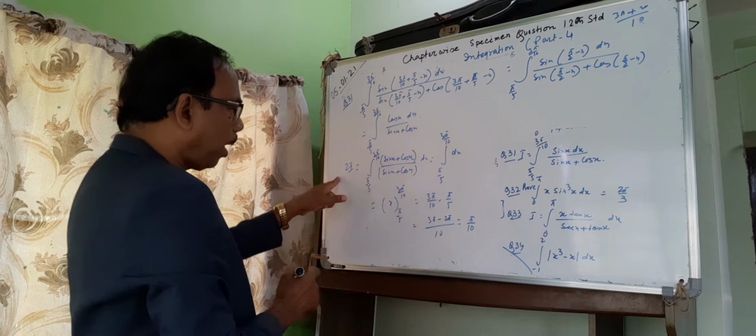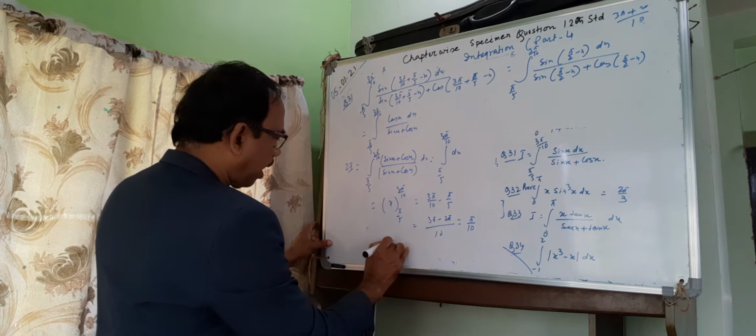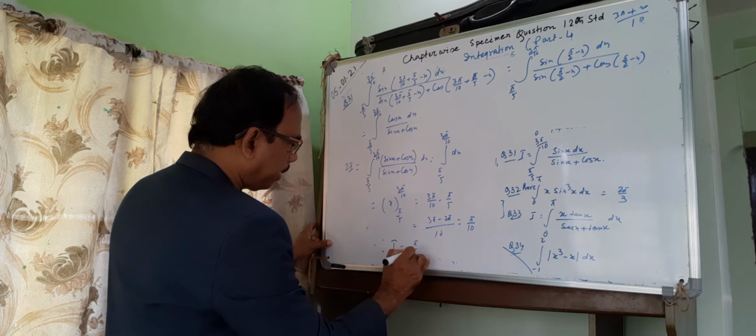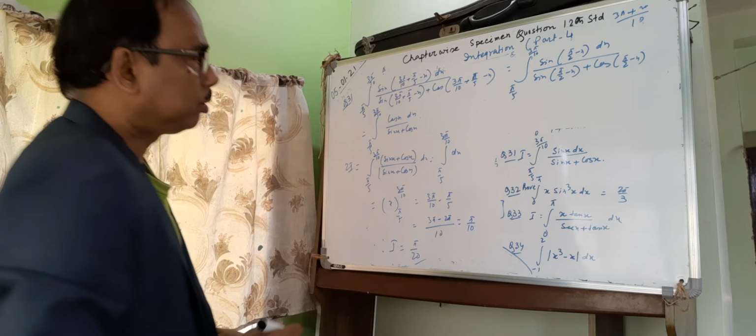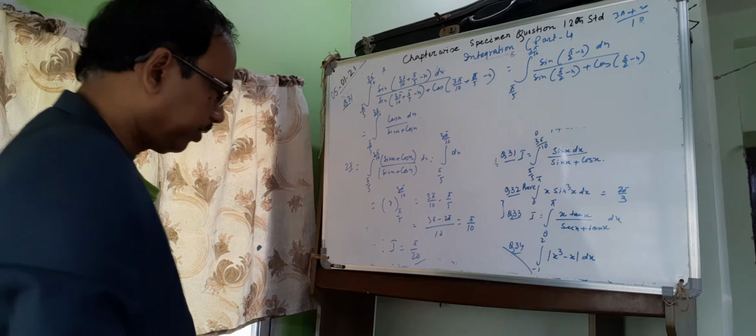So 2I is pi by 10, therefore I equals pi by 20. That is your final answer of this given integration.